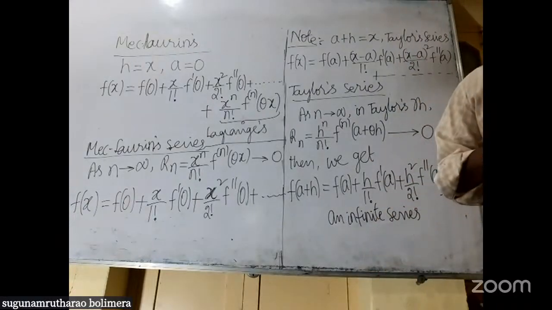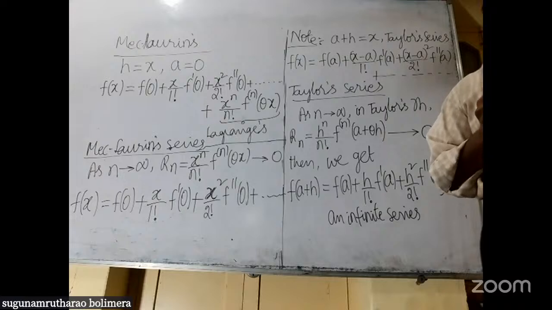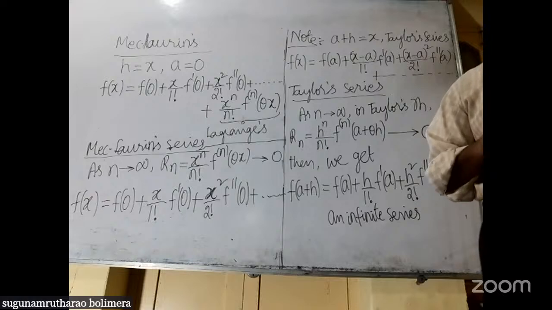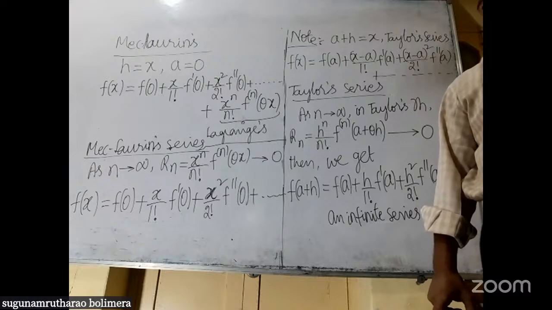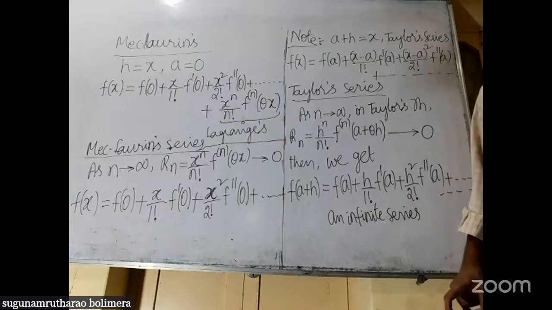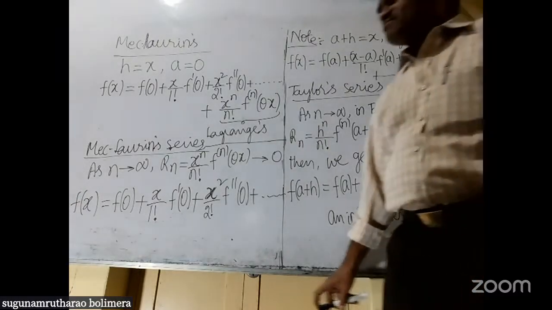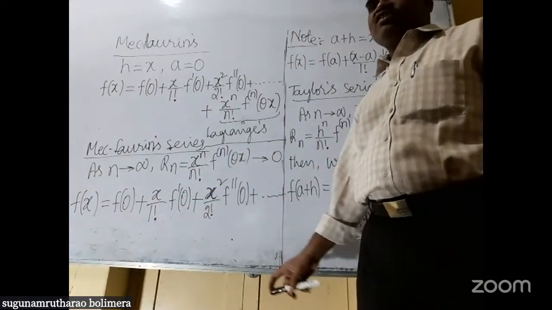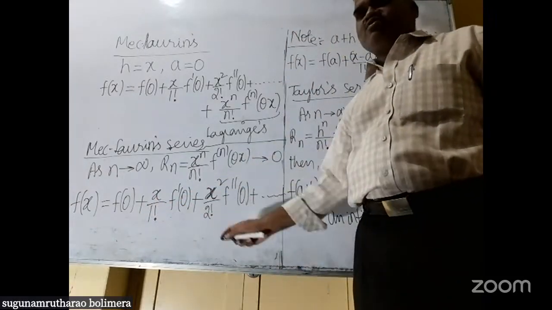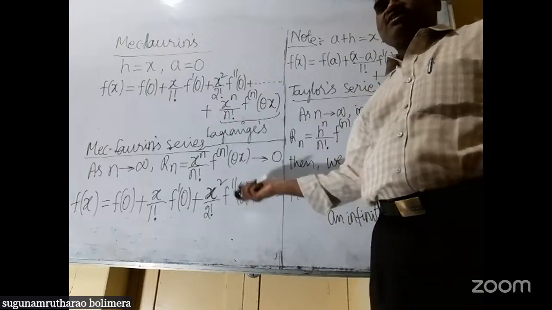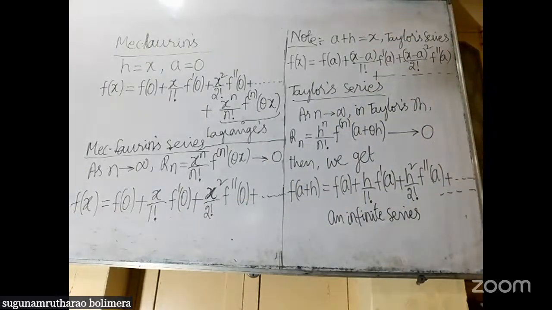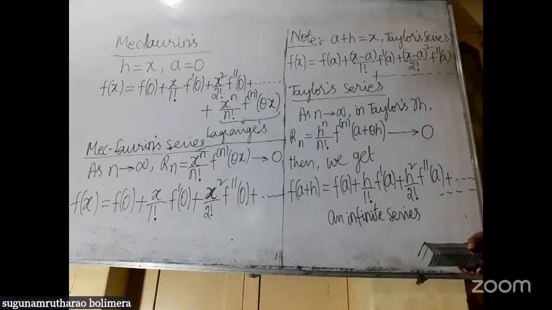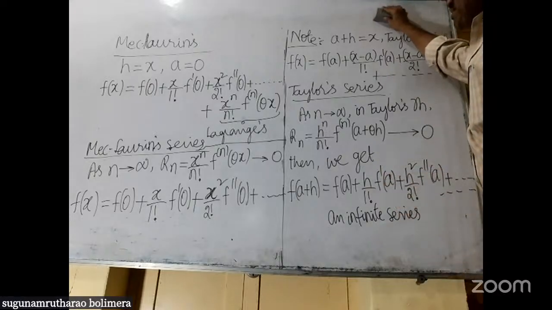So the Maclaurin series is f of 0 plus x by 1 factorial f dash of 0 plus x square by 2 factorial f double dash of 0 plus x cube by 3 factorial f triple dash of 0 and so on. I'll give one simple expression, the remaining we will discuss tomorrow in the next class.